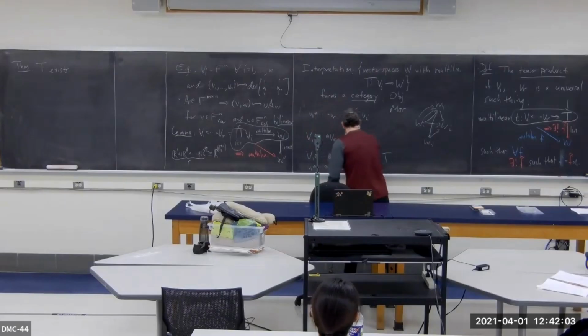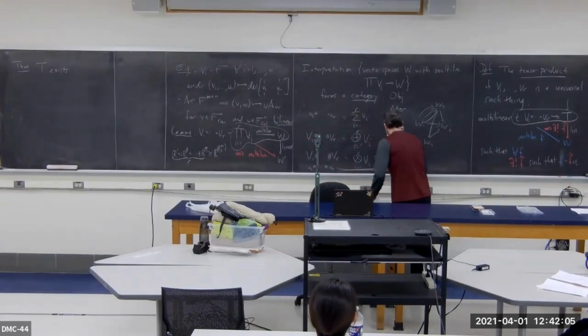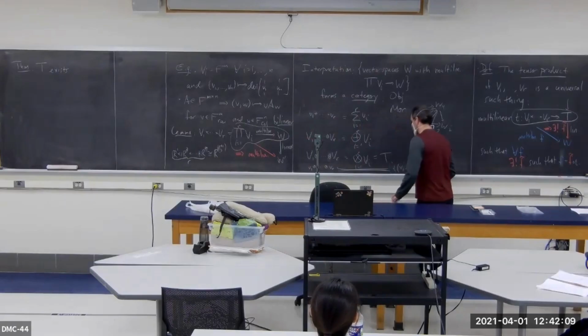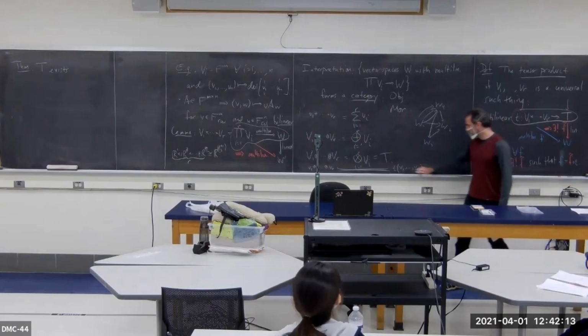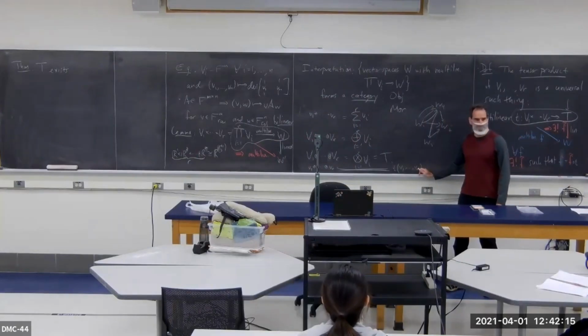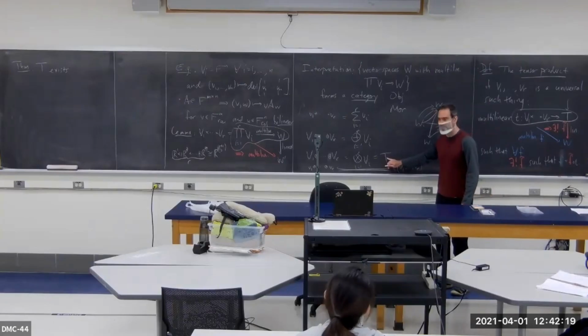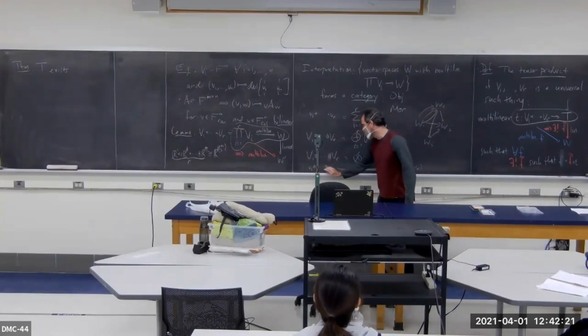What is that? That's equal to little t of v1 through vr. So if you give me vectors v1 through little vr, then their image inside of T is expressed as little v1 tensor up to little vr.